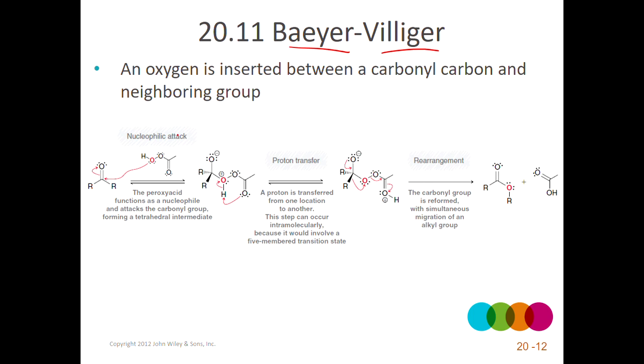So in the Baeyer-Villiger reaction, you use this peroxy acid. So this is similar to what we use to make epoxides. So if you recall, we used peroxy acids before, and that was when you have an alkene, you use peroxy acid, specifically MCPBA, which is an example of a peroxy acid.